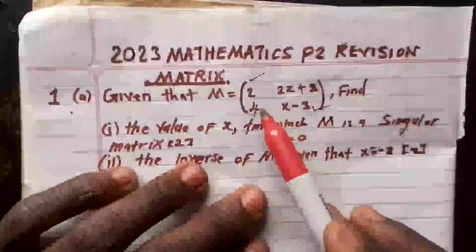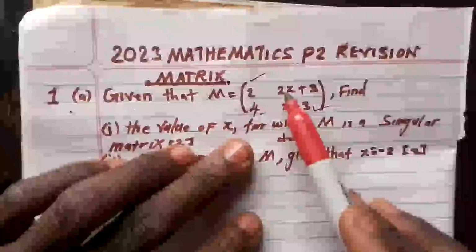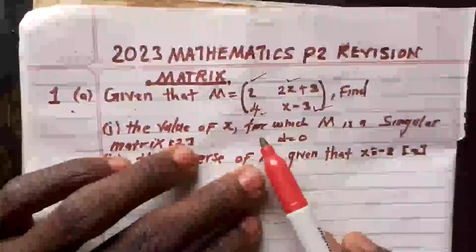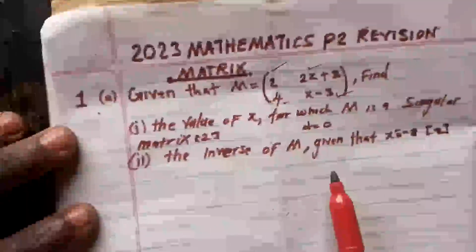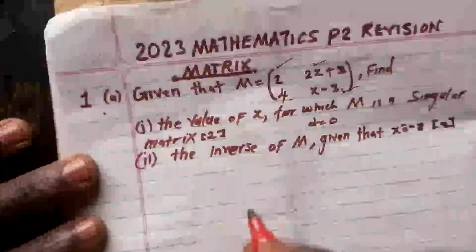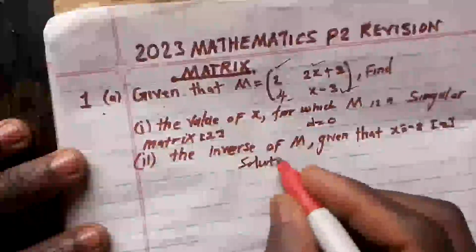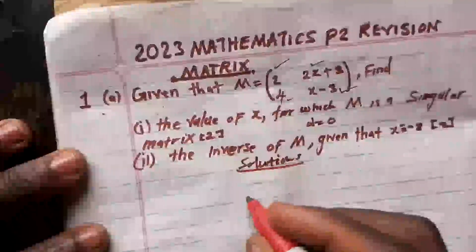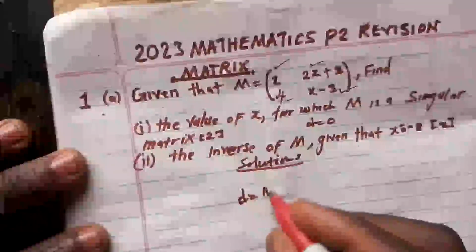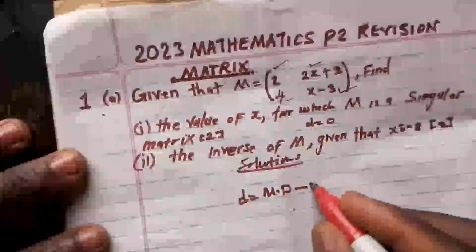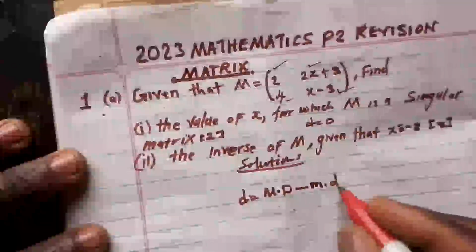Then as for this 4 here and 2x plus 3, these are called the minor diagonal. So now when you're calculating the determinant, let me write the solutions. Determinant is equal to major diagonal minus minor diagonal.